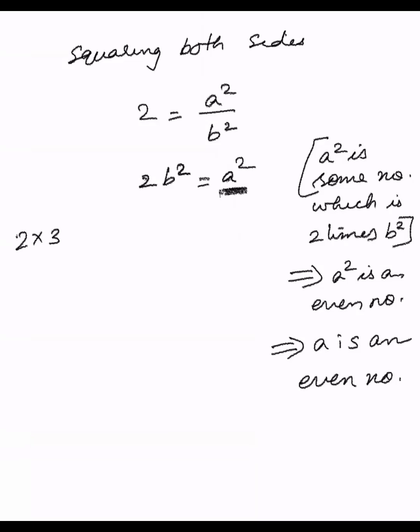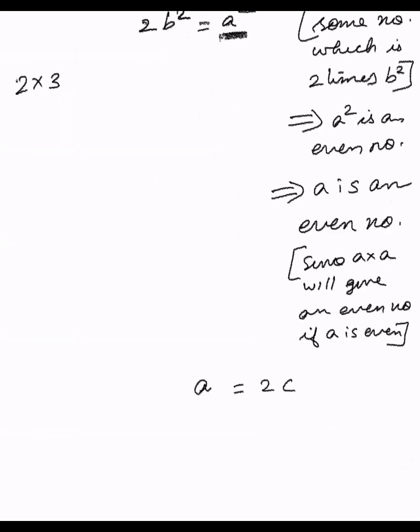Why? Because, in brackets I can write, since a into a will give an even number, if a is even, a equal to 2c, where c is some integer.